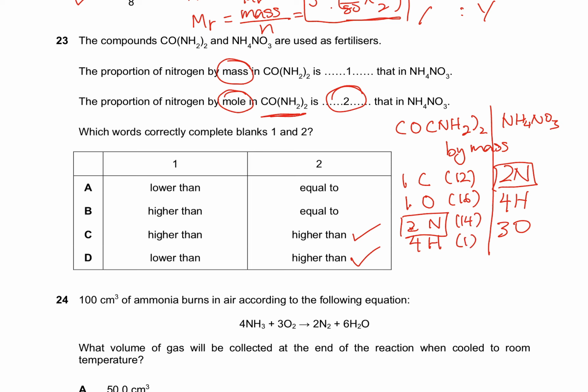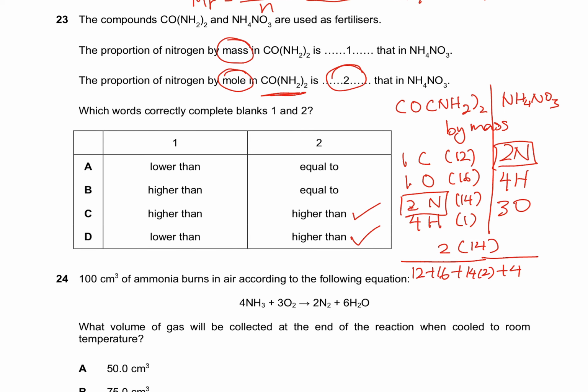So we need to calculate the total mass. That will be 12 plus 16 plus 14 times 2 plus 4. And then we want to find the proportion of nitrogen by mass. So I have 2 of the nitrogen, so it's 2 times 14. So this is the proportion of nitrogen by mass for the first substance.